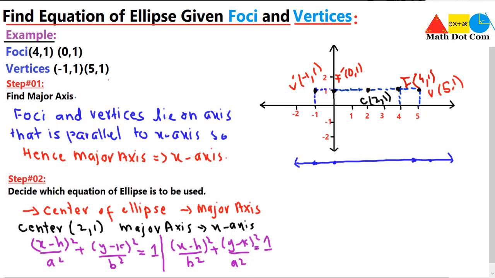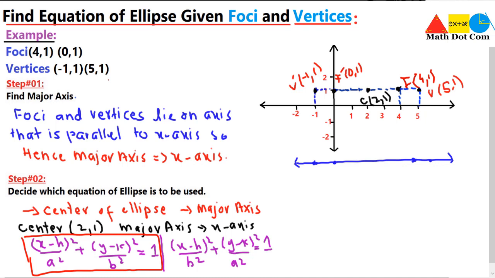These are the two standard equations of the ellipse that can be used for a shifted ellipse. Which equation we use depends on the major axis. As the major axis is the x-axis, we use the first equation and ignore the other one.